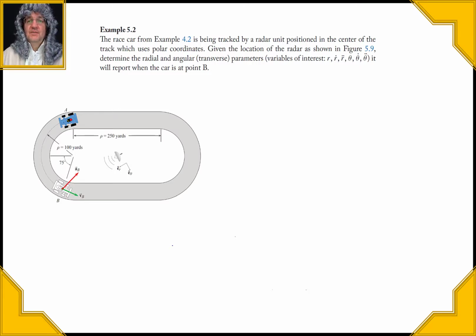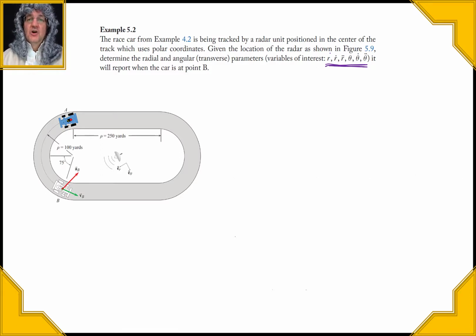So it's being tracked by a radar unit positioned at the center of the track. The computer inside only knows the distance and the angle, right? Those are the things it measures. So it uses variables of interest that are R dot, R double dot, theta dot, and theta double dot.